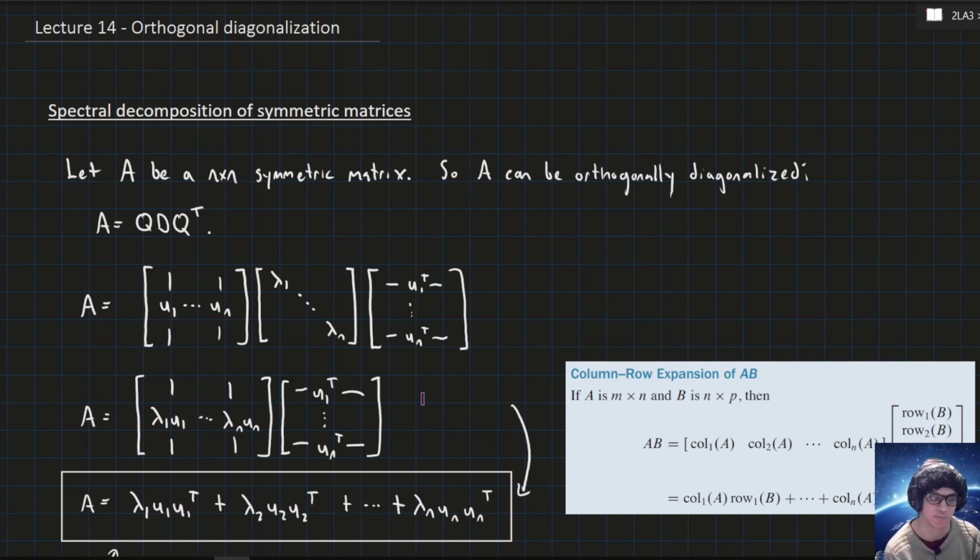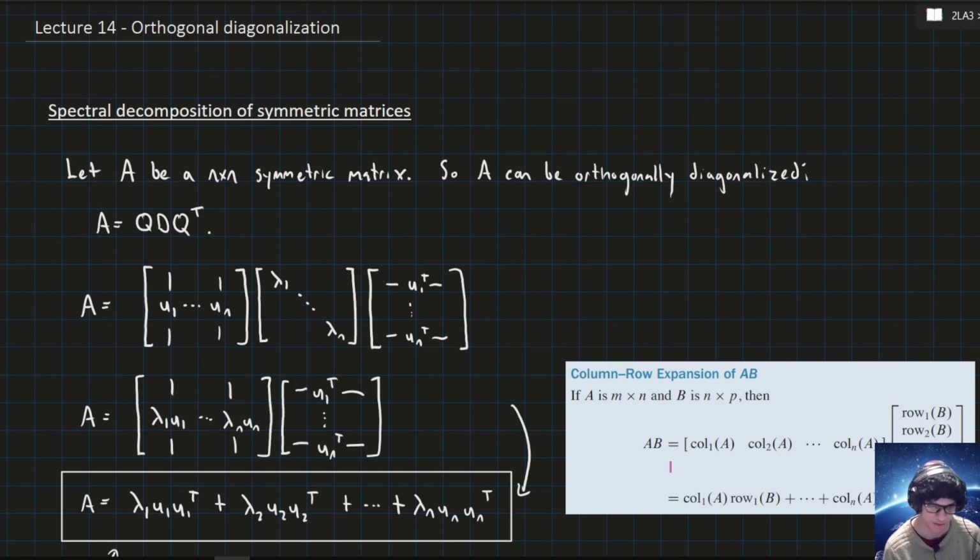There's actually a third method that we didn't mention, but we should mention here. This is the column-row expansion of the product, and it works like this. If you have the left matrix written as columns, and the right matrix written as rows, as we do, then you can write it as a sum.